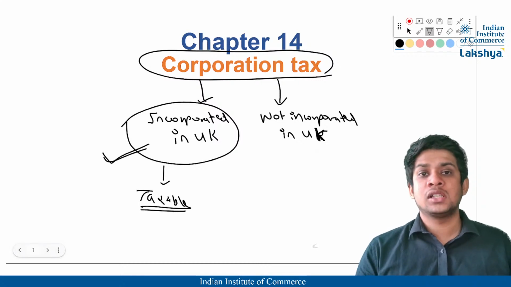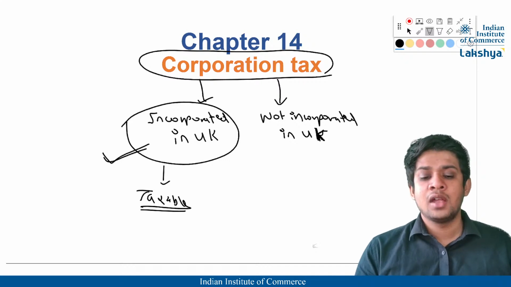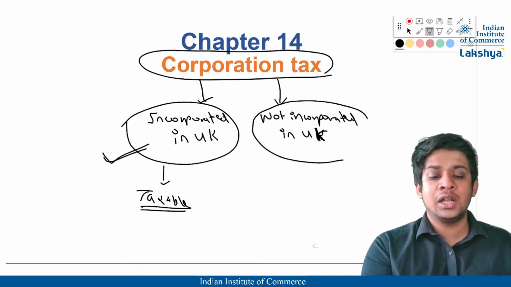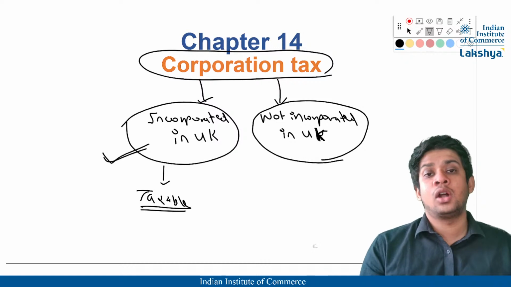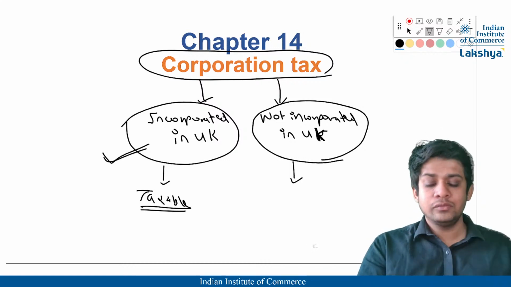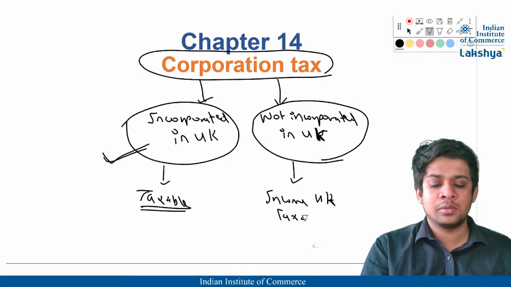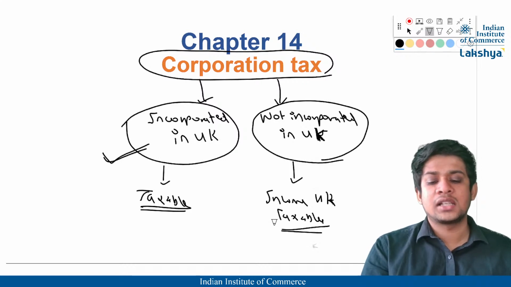So any company which is a resident in UK is going to be taxable on its worldwide income. Whereas any company which is not incorporated in UK, or not a resident in UK, then in such a case, only their incomes that are generated in UK will be taxable.